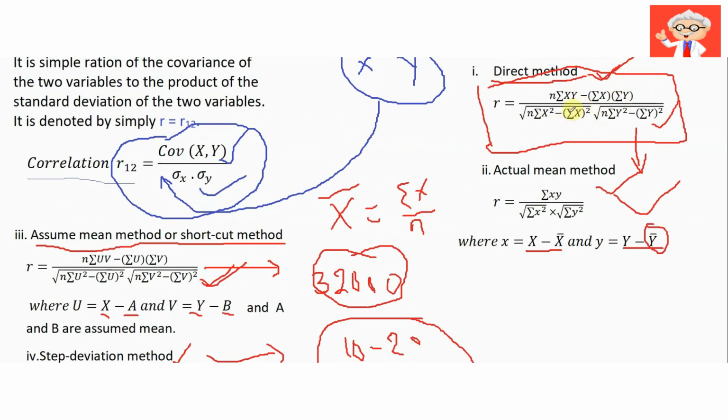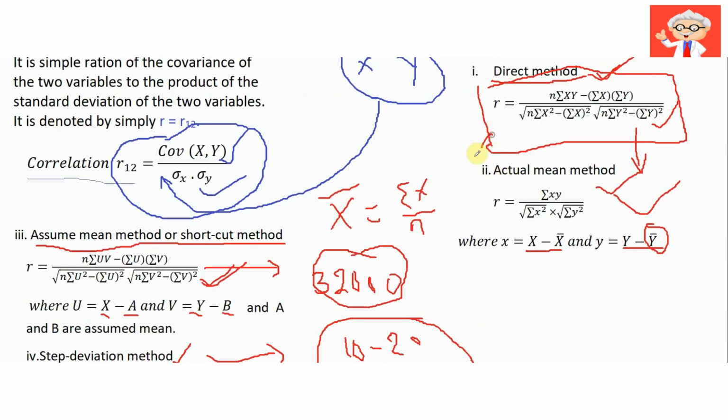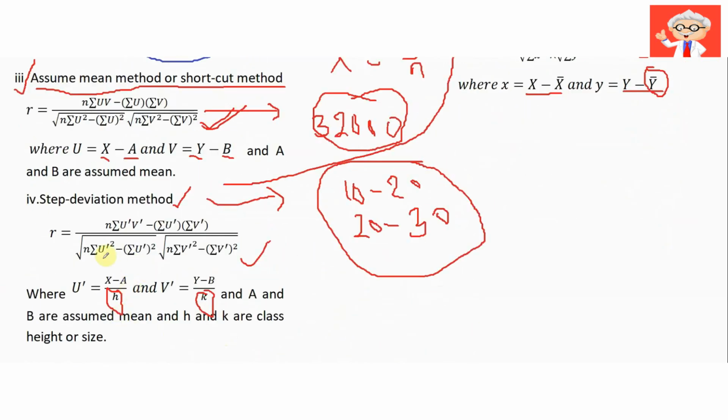If you remember the direct method formula, then you can derive all the other formulas. Look here, in place of x and y, we have written u and v. This formula and the other formula are the same. We have only replaced x and y with u and v. Otherwise, all the values are the same, and here also all values are the same.